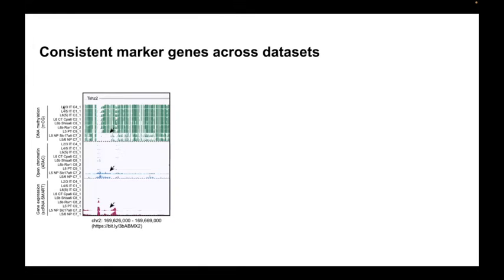So organized from superficial layers, layer 2-3 IT cells through layer 6 IT cells, and then we've got layer 6B, layer 5 PT neurons, layer 5 near-projecting cells, etc. And at this particular locus of the TSHZ2 gene, you can see a really dramatic signature of low DNA methylation throughout the first intron of the gene. And this is a common DNA methylation signature of a very cell type specific active gene.